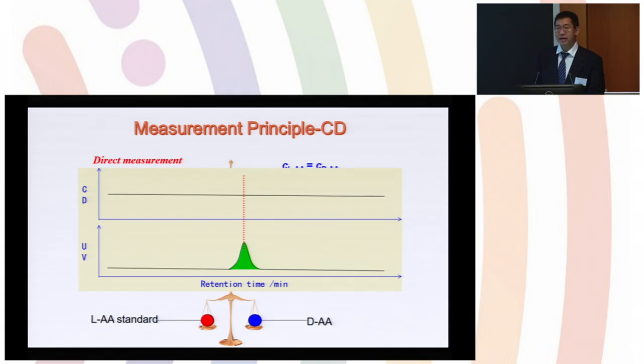If we use HPLC-CD with UV and CD detectors, we can detect the peak in the UV channel. However, if the amount is the same, in the CD channel we cannot observe the CD signal.